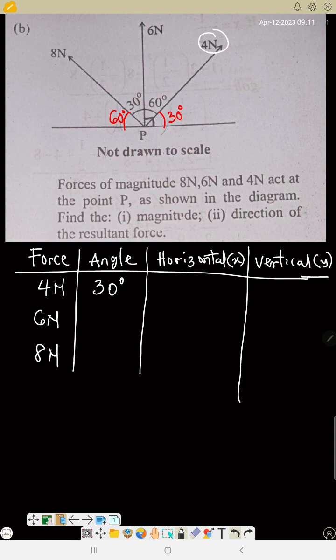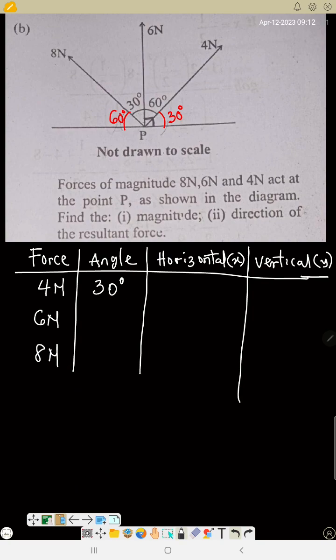For 6 Newton, which is on the vertical, the angle is 90 degree. I've said that any force that falls on the vertical, at this right angle, the angle is 90 degree. Anyone that falls here, the angle is 0 degree. You can go and watch the previous examples.